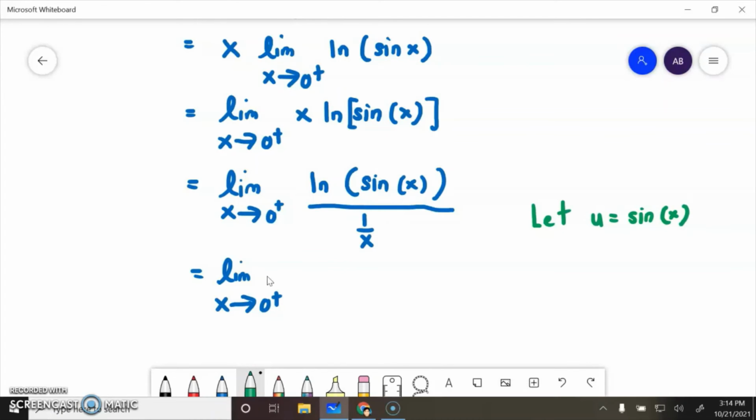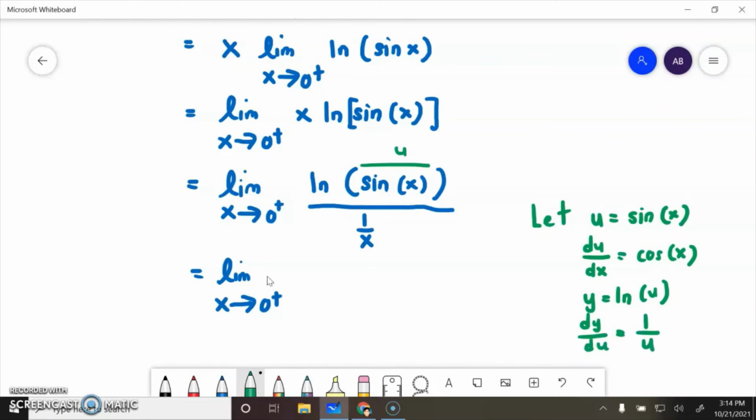Then du/dx is cos x. If y equals ln u, then dy/du is 1 over u.